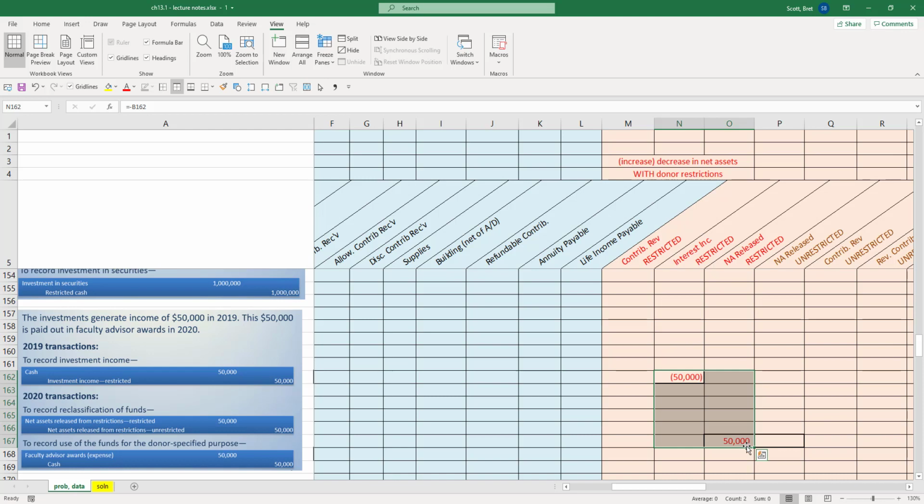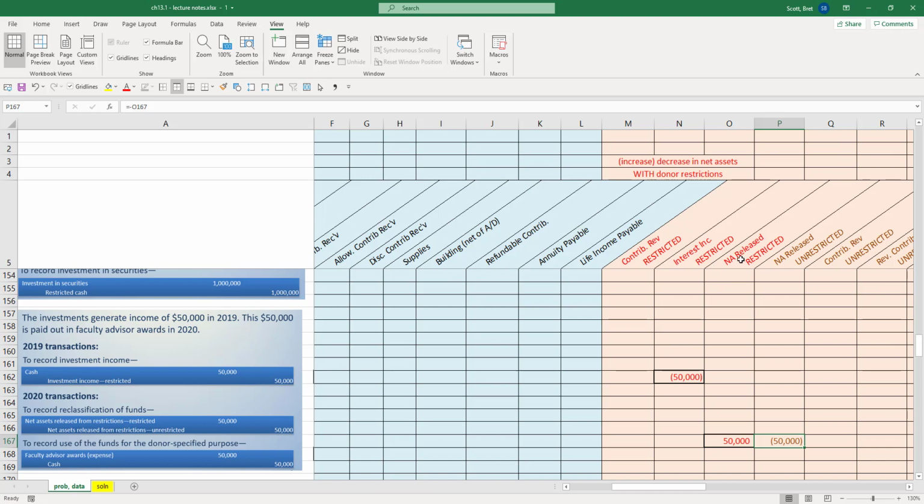If we try to mix everything together into one account, it becomes very confusing. These items show up on the income statement or our statement of activities, so we want to be clear about how the whole story unfolded. 50,000 was earned, then we're releasing it. It's now becoming part of our unrestricted revenue.